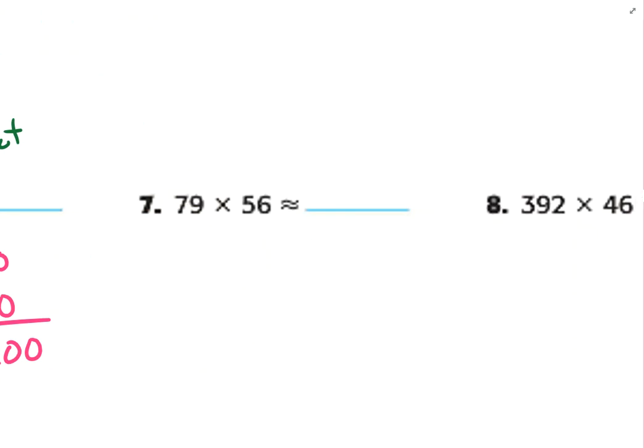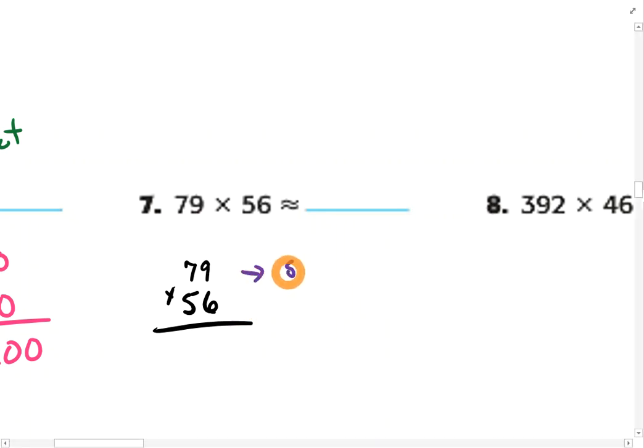79 times 56, again, rewrite your problem, right? So I'm going to make 79 times 56. I'm going to change that, and let's make our 79, we'll change that to be 80, and let's make our 56 60.